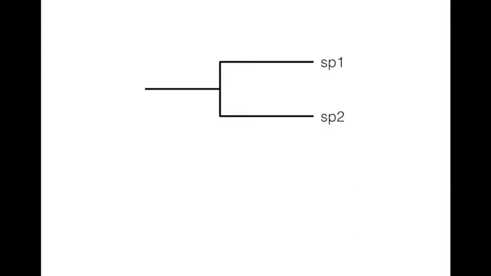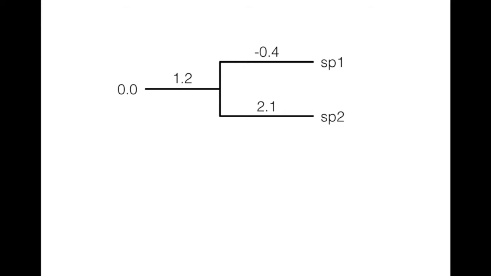One way to understand this process a little bit better is to think about simulating evolution under a Brownian motion model on our tree. Let's imagine that we start out with a root character value of 0. The way to simulate Brownian motion evolution on a tree is just to simulate the changes that occur on each branch. For example, along our root branch, perhaps we have an increase in our character of 1.2, and then along our independent evolutionary branches, we have a change of negative 0.4 in the branch leading to species 1 and 2.1 in the branch leading to species 2.